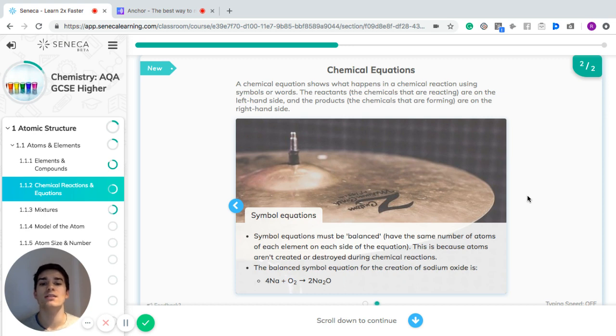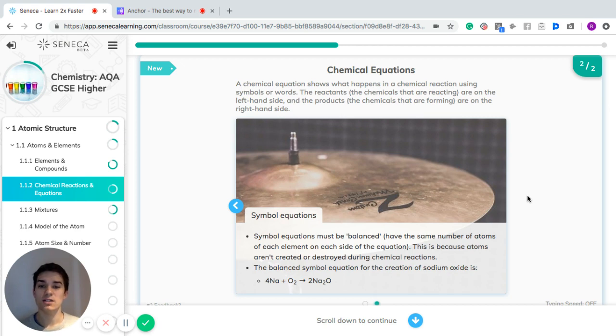So for example, the balanced symbol equation for that same reaction, the creation of sodium oxide, if you were just thinking sodium plus oxygen goes to sodium oxide, it would be Na plus O2 goes to Na2O. But at that point, you've only got one sodium on the left and two sodiums on the right, so we need to do something about that.